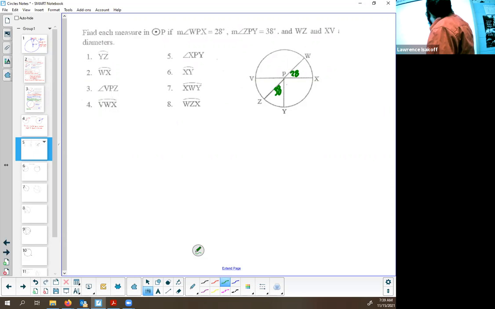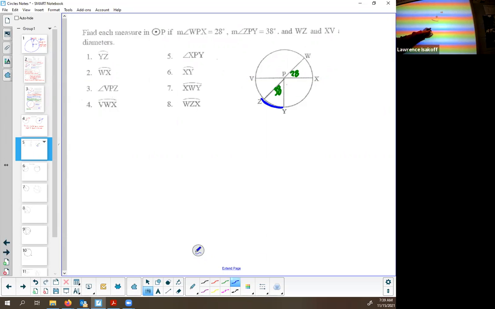And I know that this is a diameter, and this is a diameter. The first thing it asks for is just arc YZ. I have the angle right there, it is 38, so this arc is also 38 degrees.